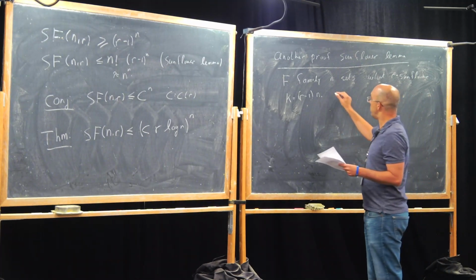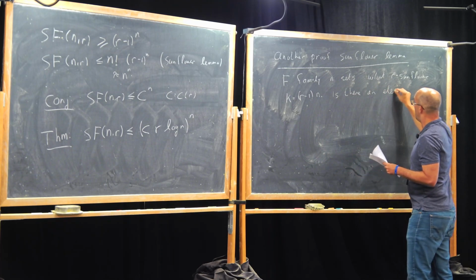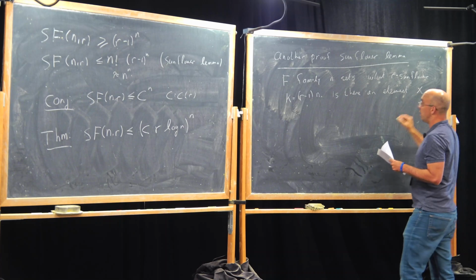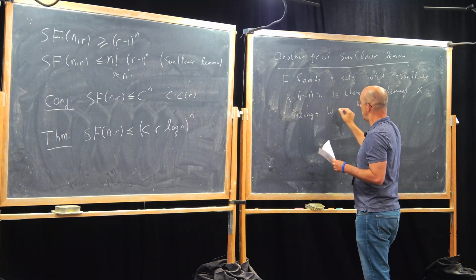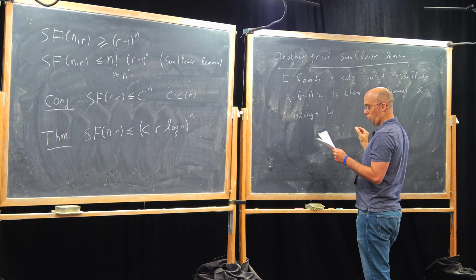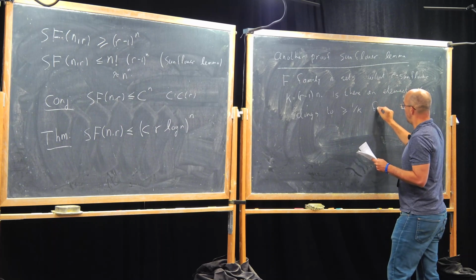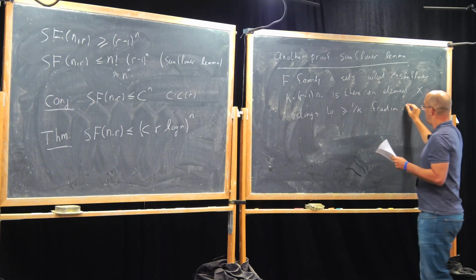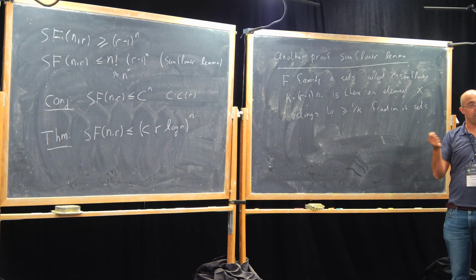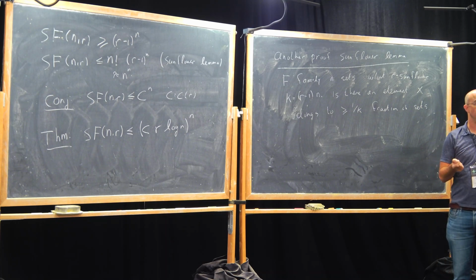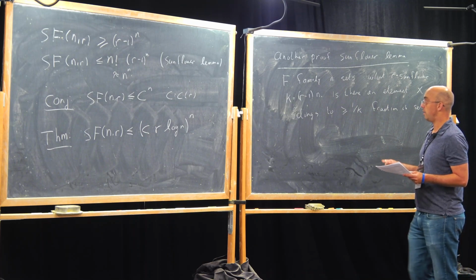So we're going to ask whether there is an element x that belongs to at least 1 over k fraction of the sets. And we're going to do a case analysis. We're going to prove it if the answer is yes, and we're going to prove it if the answer is no. Okay? But that's going to be our inflection point. So let's first assume that the answer is yes.